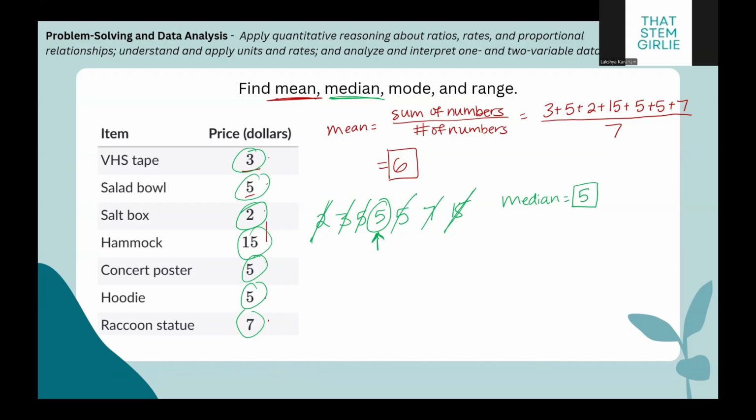right in the middle. So let's say that you had 8 numbers instead of 7. This is not the problem, but this is just an example. If I had 2, 3, 4, 5, 6, 7, 8, and 15, right? If I had this as my set of numbers, to find the median, I would do the exact same thing.